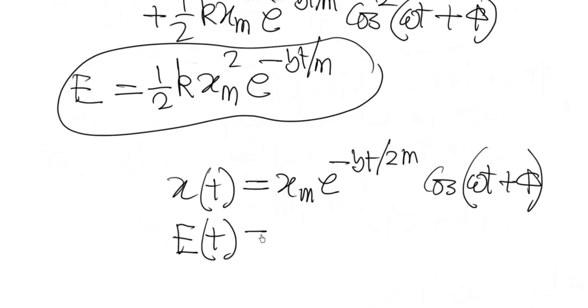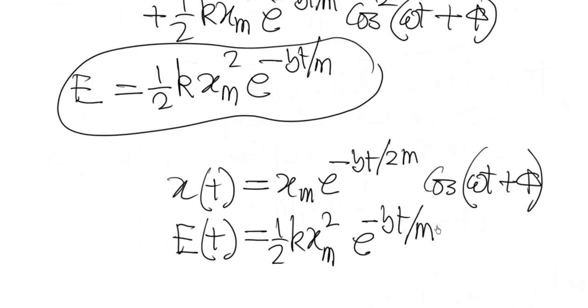This is also a function of time, and it is half k x_m square e to the power minus bt by m. If we plot these two, the displacement of the damped harmonic oscillation and the total energy of the block spring system, then they look like this. I'm now going to draw this.